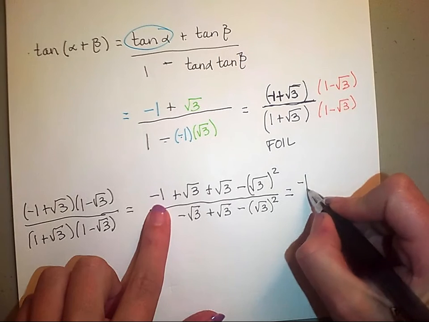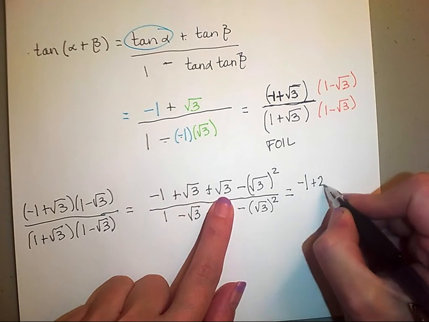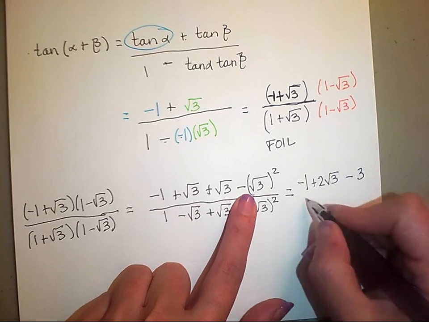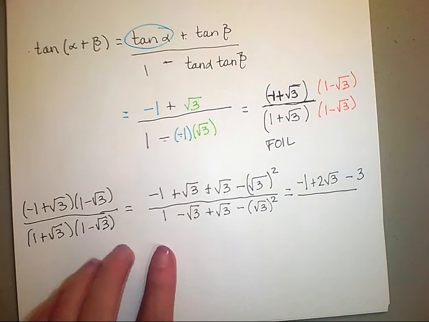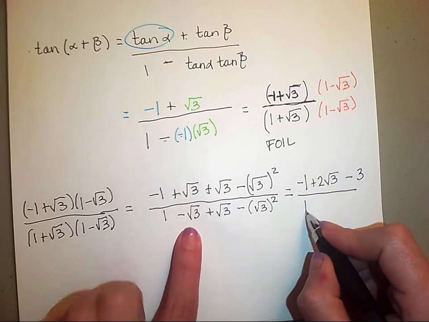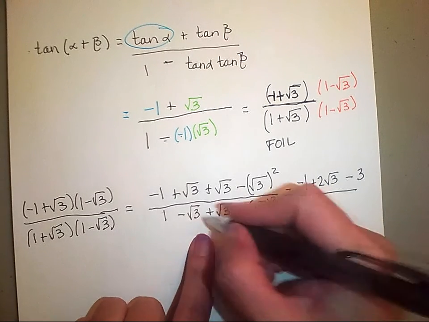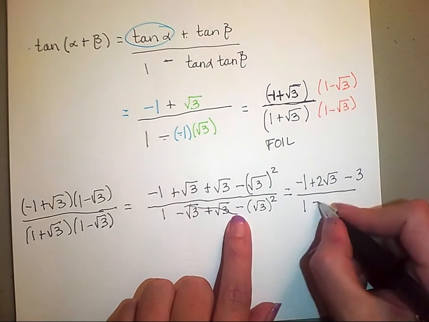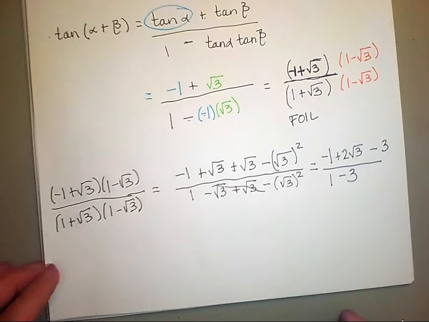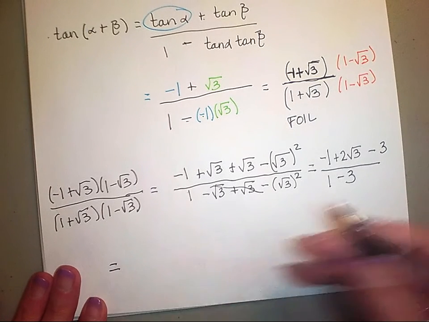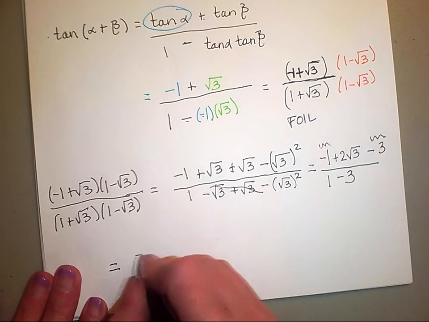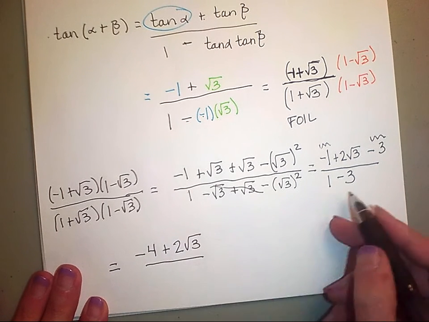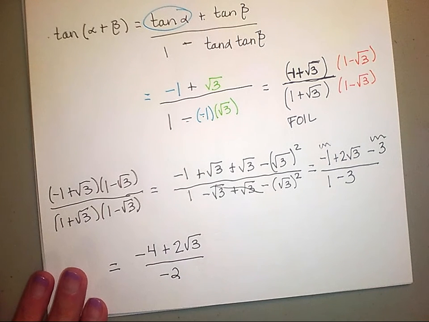So up top what we'll have then is negative 1 plus 2 square roots of 3 minus, well, the square root of 3 squared is just 3, over 1, now minus square root of 3 plus square root of 3 will go to 0, which is exactly why we multiplied by the conjugate, and then minus, again, 3. And now we're almost done. Negative 1 minus 3 is minus 4, plus 2 square roots of 3, and down below 1 minus 3 is minus 2.